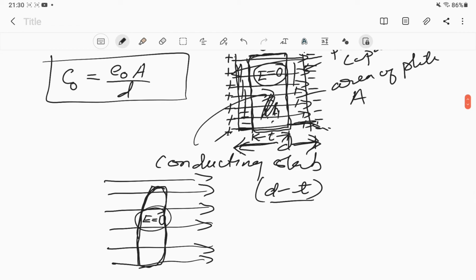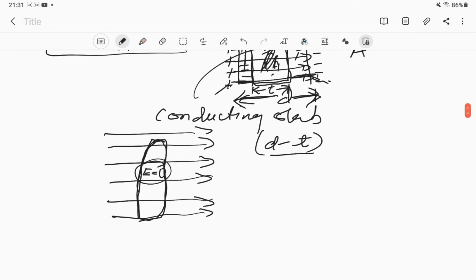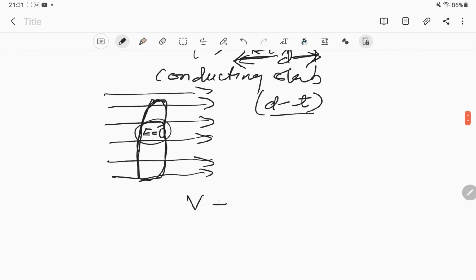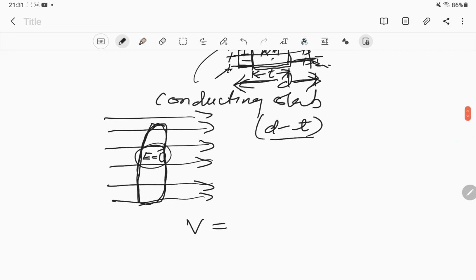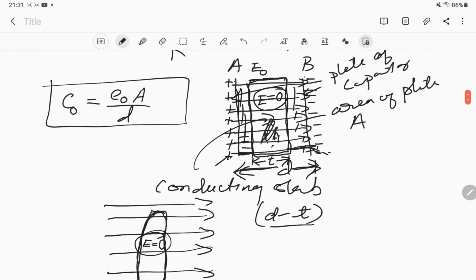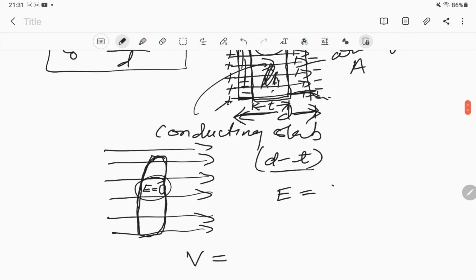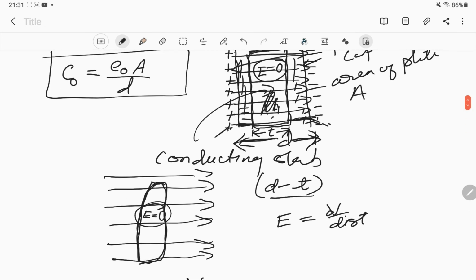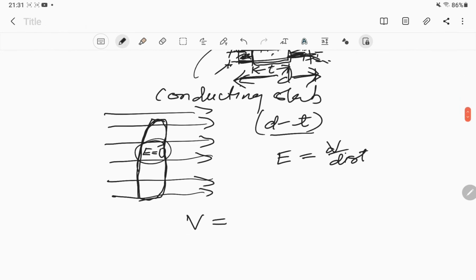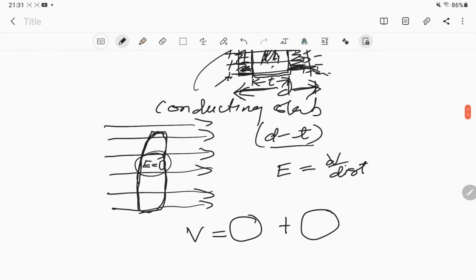As a result, the potential difference between the plates will be reduced. We know that E equal to V by distance. So the total potential will be the potential over the empty space plus the potential inside the conducting slab.